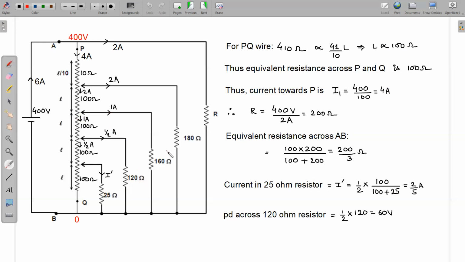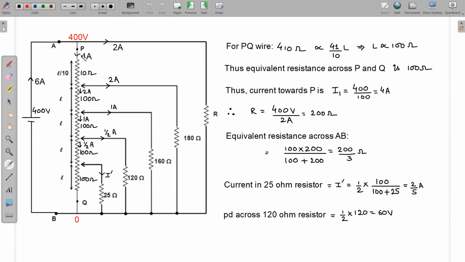This 160 and this 160 will again be in parallel, which corresponds to 80, plus this 100 in series, which is again 180. 180 and 180 in parallel will correspond to 90. 90 and this 10 in series will be 100. So across P and Q only, the equivalent resistance is 100 ohms.